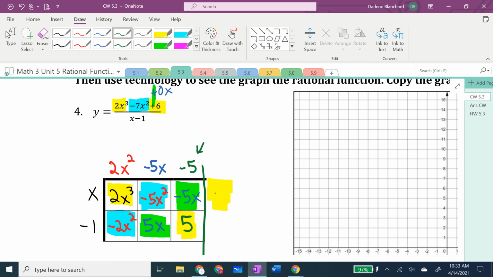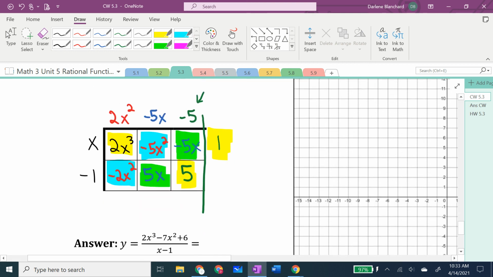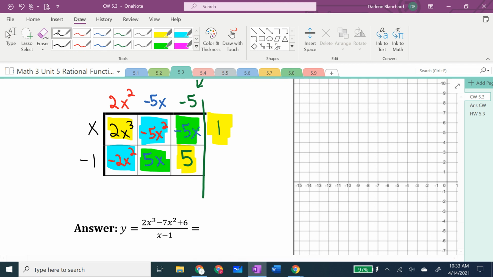And that's going to be the number 1. Now that means that I get out of this an entire polynomial of 2x squared minus 5x minus 5 plus a remainder of 1 that I was not able to divide by that x minus 1.